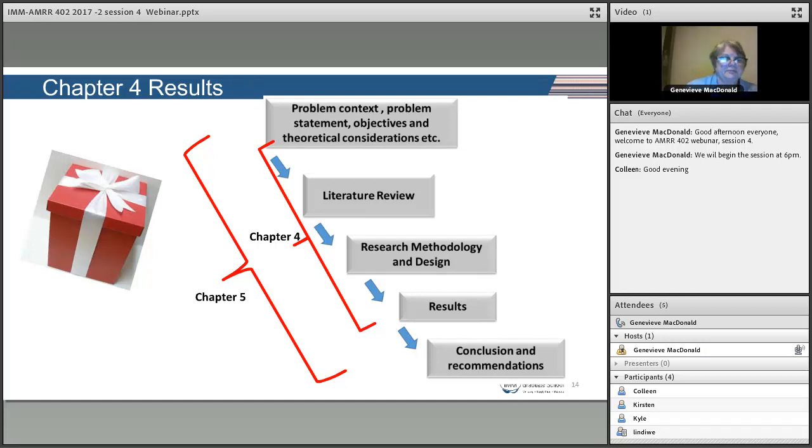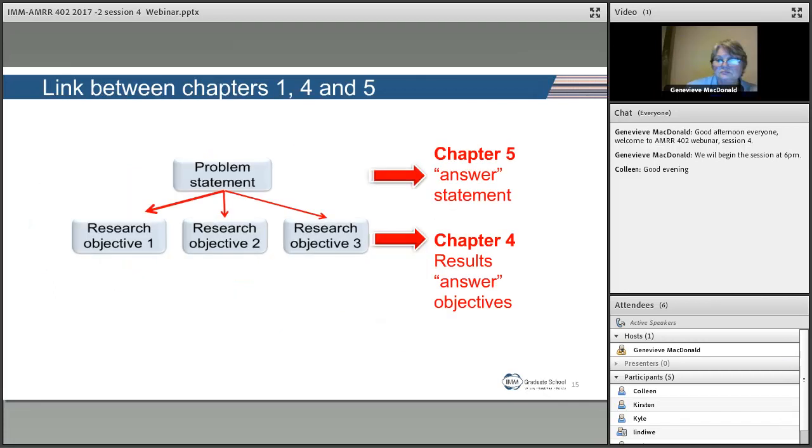It's like tying up a gift package where you complete the process and find the answers that you identified in chapter 1. So chapter 4 results answer your research objectives, while chapter 5 then answers your problem statement.